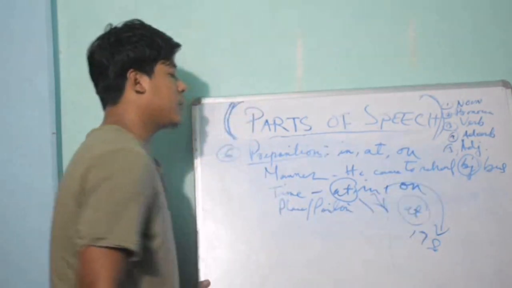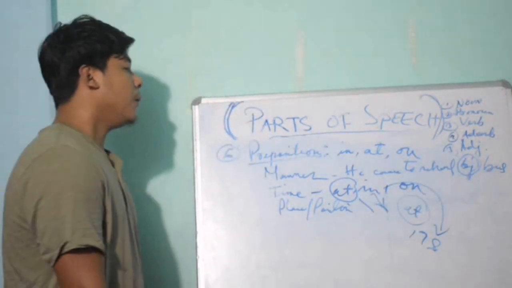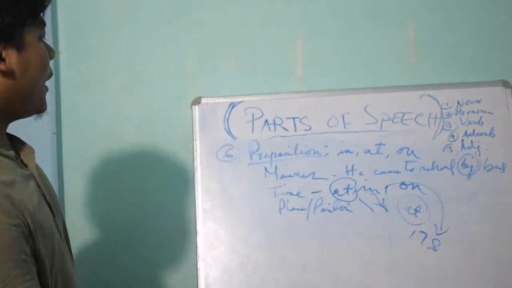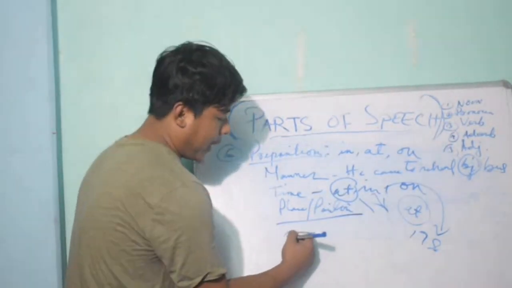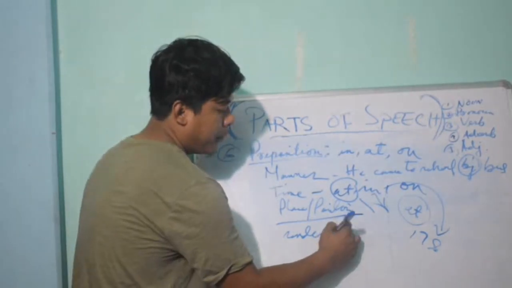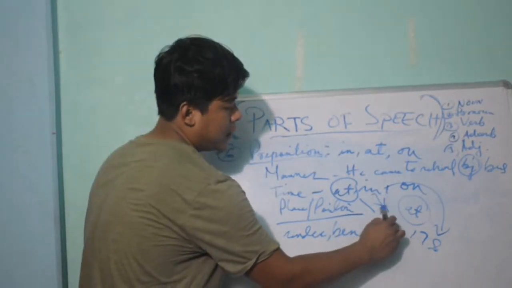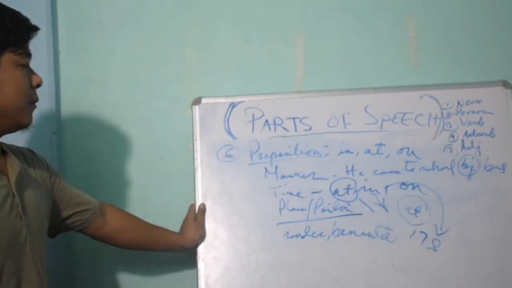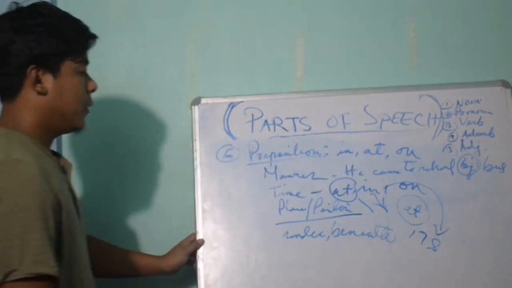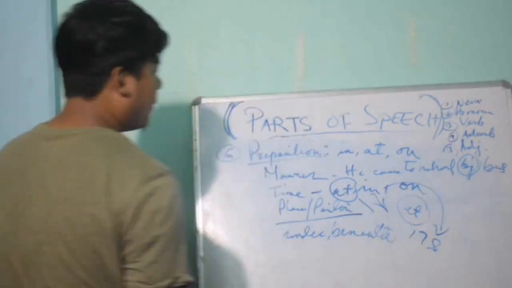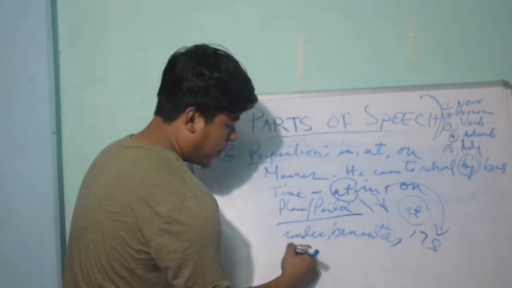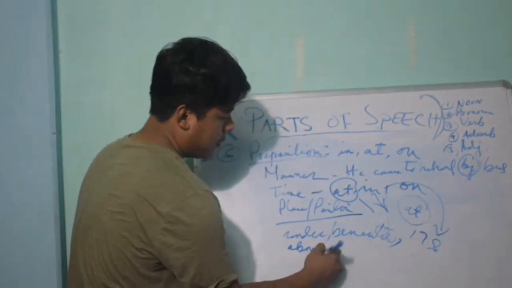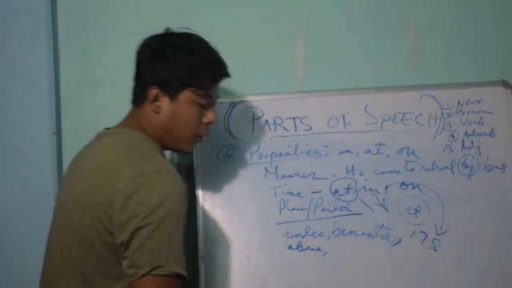The word on can also be a preposition. And you can tell the place or position. A few examples would be like under, beneath, or above. So we'll go on to the next one.